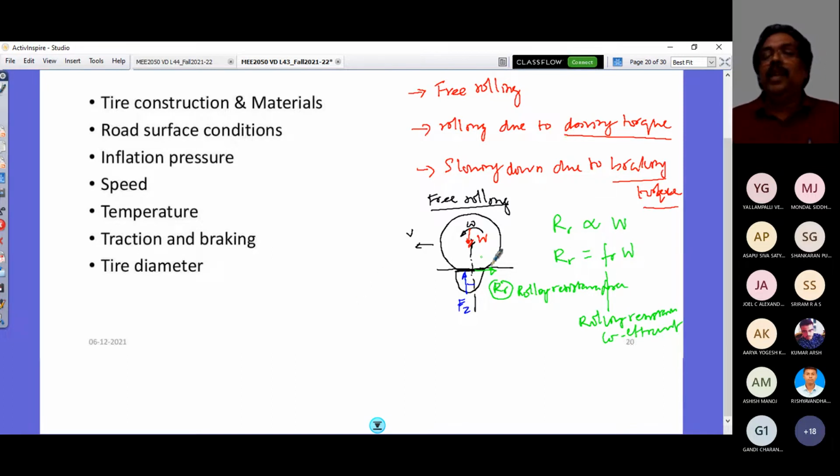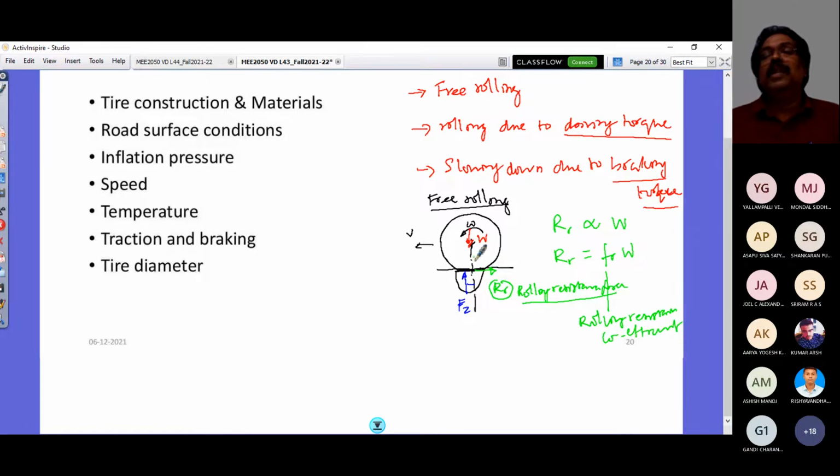So at the moment, the free rolling condition is helping you understand this rolling resistance force. Then you may ask the question, what would happen to this rolling resistance force? Will it disappear in driving or not? It is still there. This force will always be there, whether in rolling condition, with driving torque applied, or braking. Why? Because it is an inherent property.